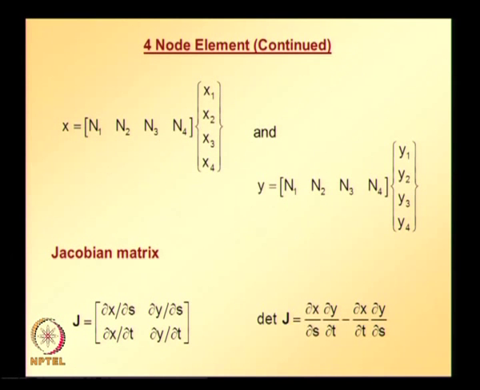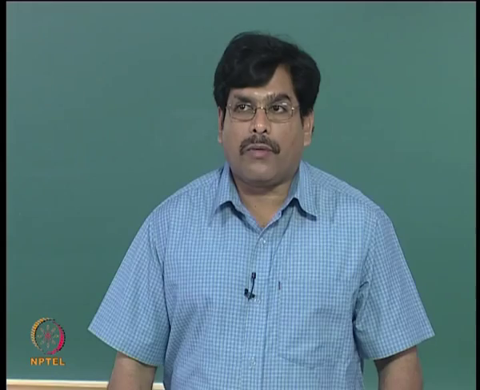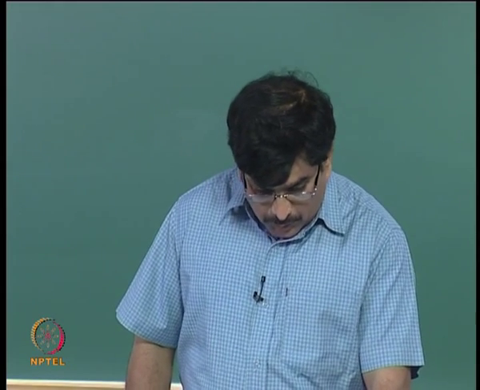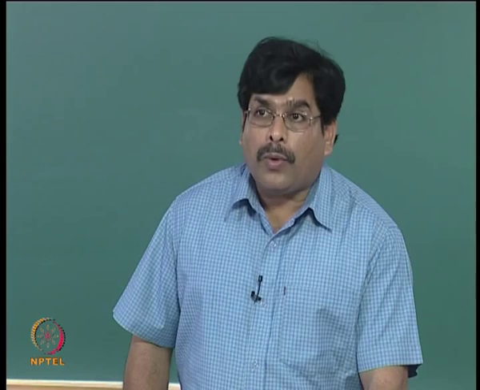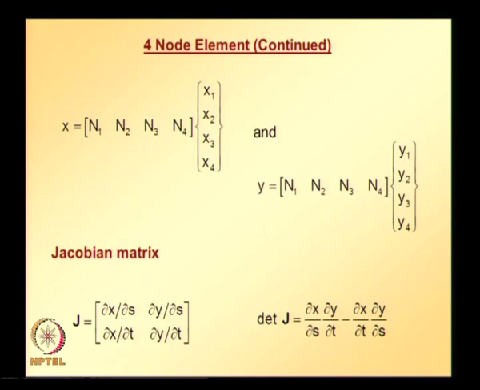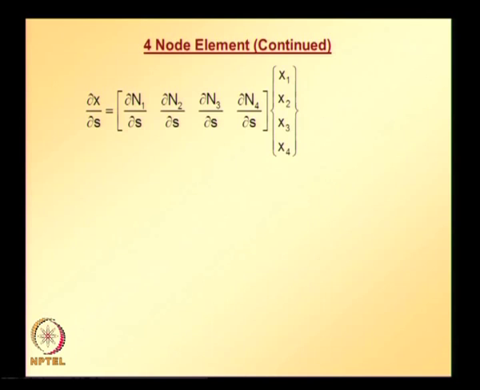There is nothing new in all this process, it is the same as for a 3-node triangular element, except that the number of nodes now becomes 4 instead of 3. So, the matrix sizes become bigger. Once we have x and y related to the nodal coordinate values like this, we can easily find the partial derivatives using these relations, which can be simplified further as shown there.